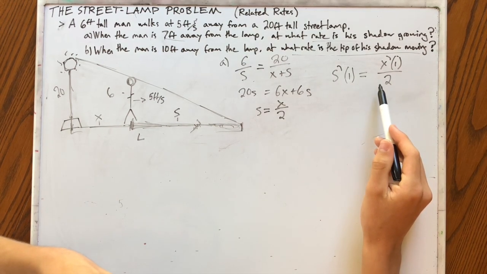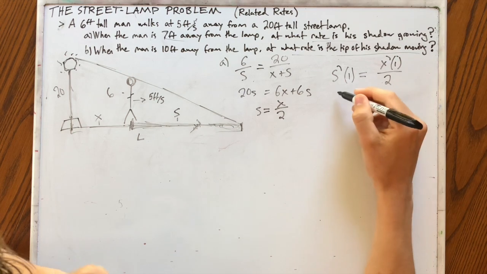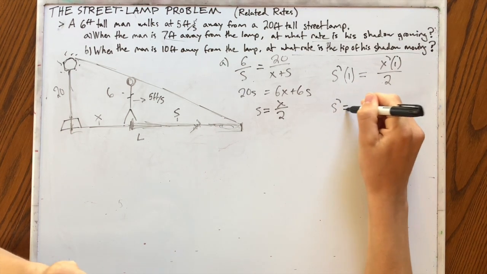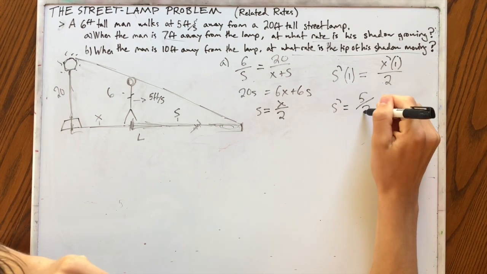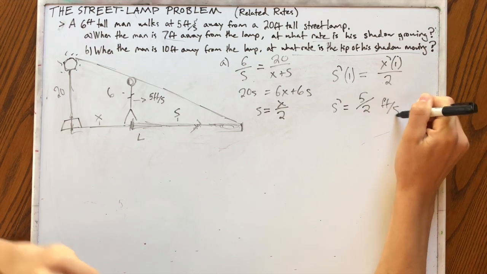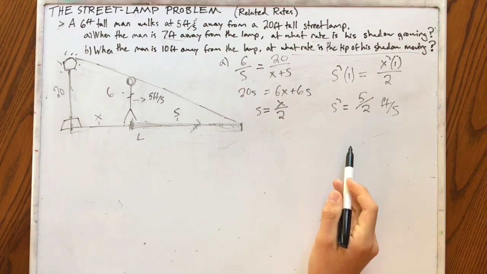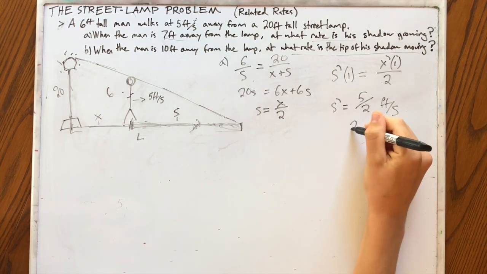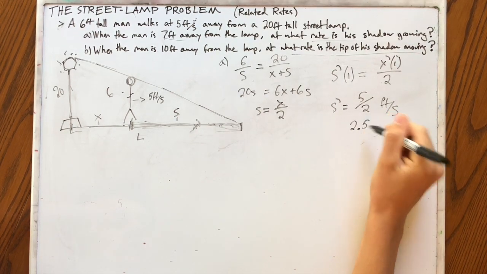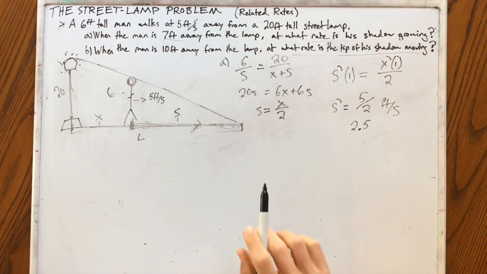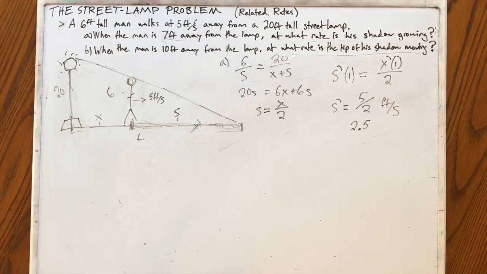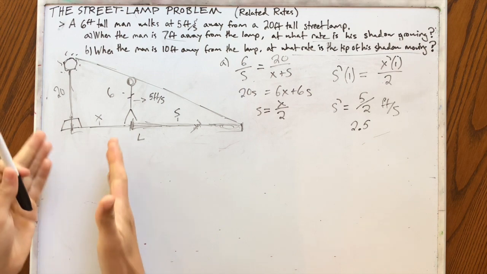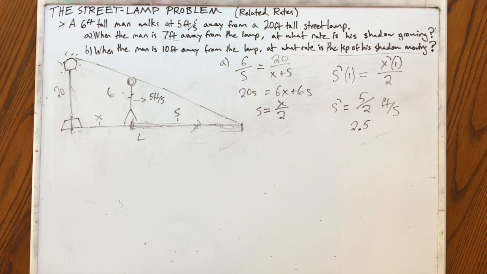We already know X prime, so we can just plug that in, and we get 5/2 feet per second. In other words, his shadow is growing at 2.5 feet per second, or half as fast as he is walking away, or the distance between him and the street light is growing.